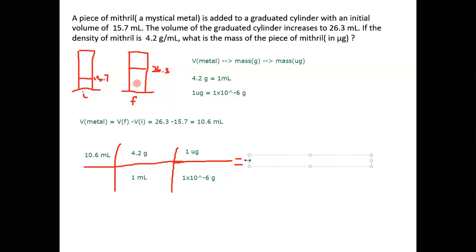When you multiply what's on top, you get 44.52. And what's on the bottom is 1 times 10 to the negative 6. To make it easier, we put the top number in scientific notation, 4.452 times 10 to the first.